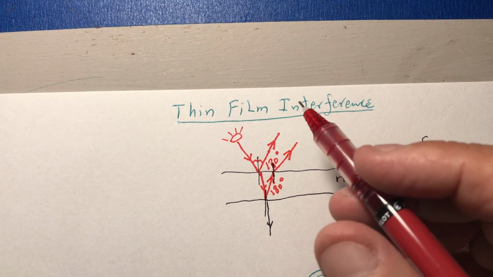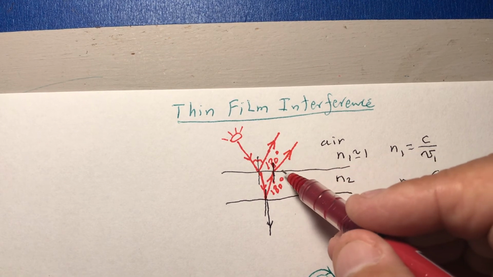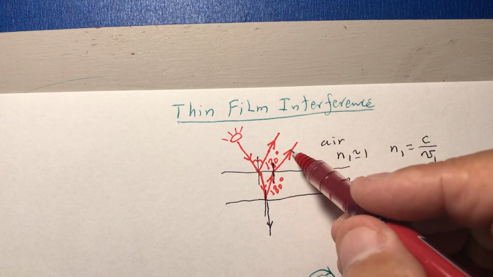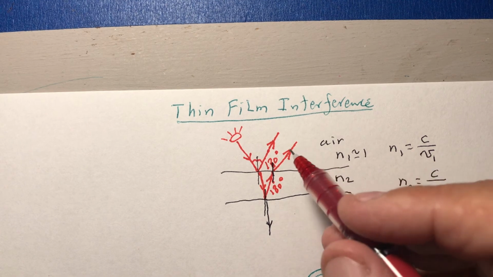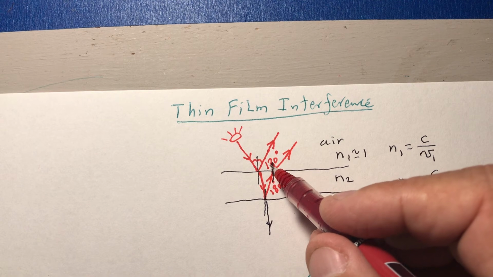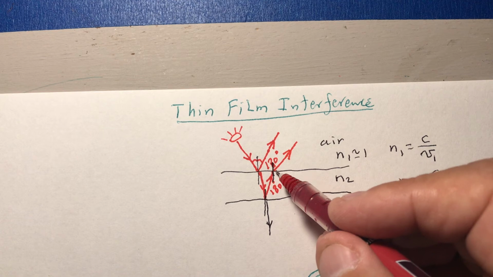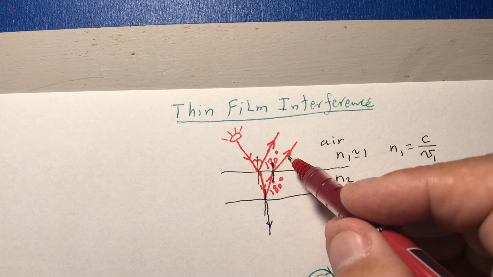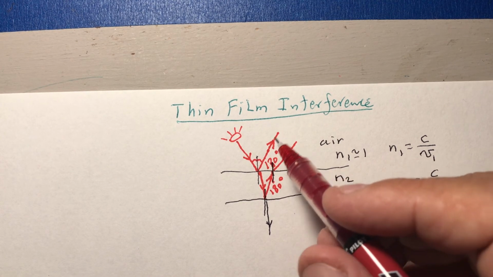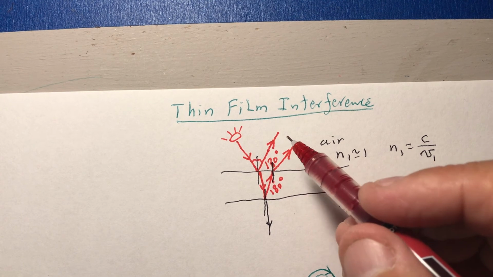Now, this reflected light and this refracted light can meet and interfere. Now, if they meet and interfere, remember, this one is shifted 180, but this one also is shifted 180. When it comes out here, it stays shifted 180. So both of them got shifted 180, so they're going to be in phase. So this wave and that wave are in phase.